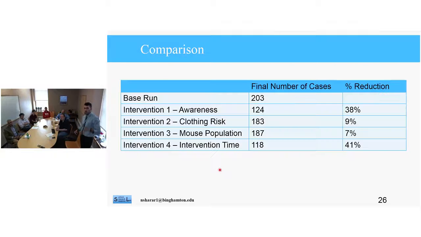But for the cost effectiveness between intervention 1 and 4, we should do cost effectiveness analysis for these two interventions, because although we got 41% reduction in LD cases, that number is not that significant compared to 38%. So definitely cost effectiveness analysis should be done to see if increasing our efforts to increase the awareness in a 6-month period is worth it or not.